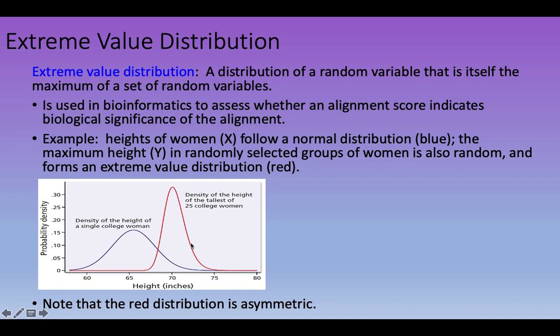So the tallest woman of a group of 25. It's a little bit weird, but I hope you get to see that there is this thing. So this is a distribution of the maximum height of any woman of a sample of 25 from this larger group. So you might be like, okay, great, you get this distribution, but so what?